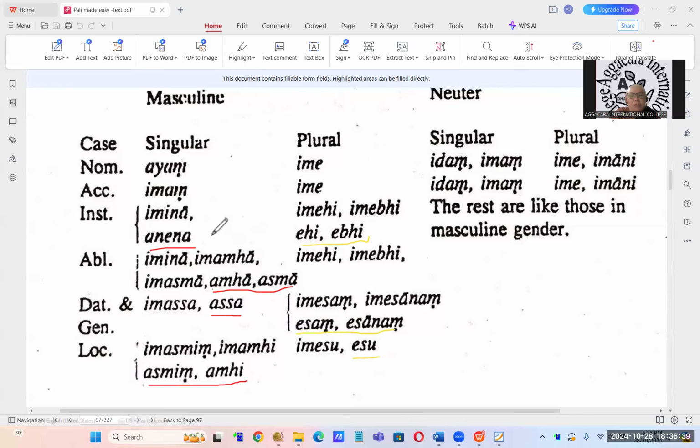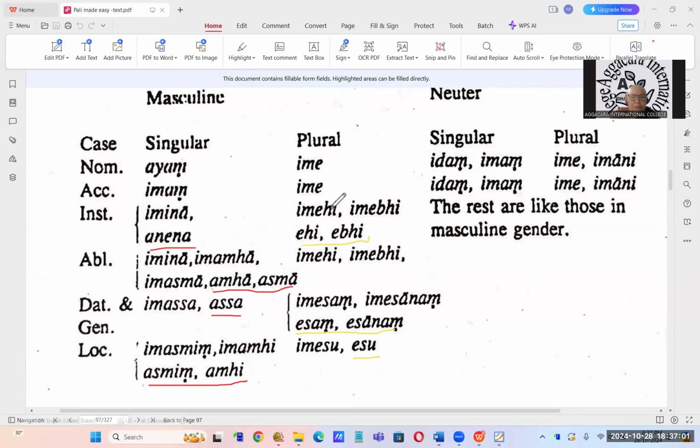Okay, so it seems to start with A: anena, amha, asma. We saw this before, right? Amha. It looks quite similar to the first person pronoun: amha, asma. So here it starts with A: amsi, amhi.